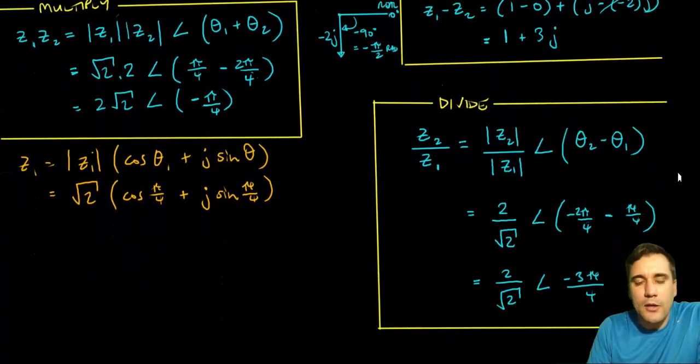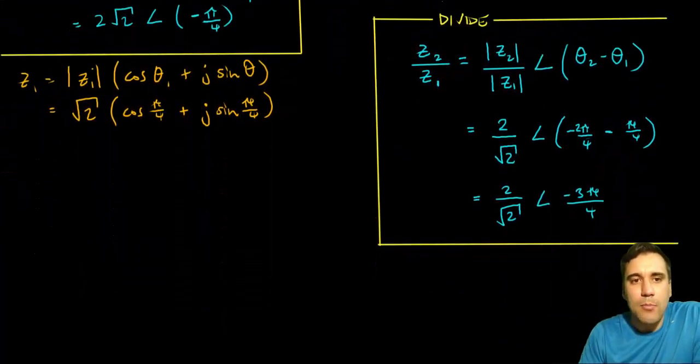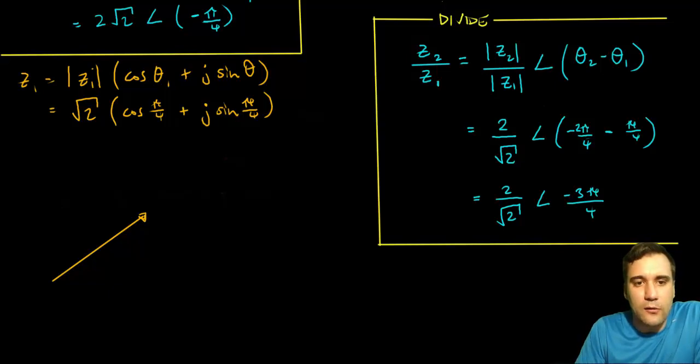Now if you actually think about what is actually happening here, we're saying that if you have some complex number which we can represent as a vector, right, because it's quite analogous to vectors, Z1, this magnitude of Z1 here is the length of this line, this arrow.